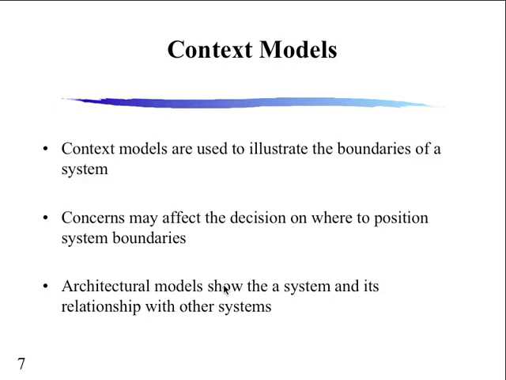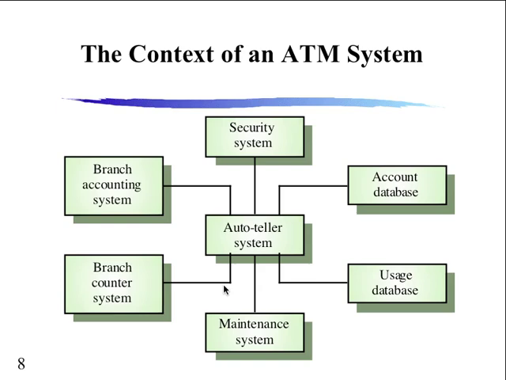And then you need to know the system boundaries with other systems, other credit card processing. Architectural models show the system and its relationship with other systems. So if you call it an architectural model, you're looking at systems and subsystems. If you called it a context model, you're more generic. You're looking at the boundaries of the particular system. So sometimes the trick is getting the right terminology in terms of the label on this particular model.